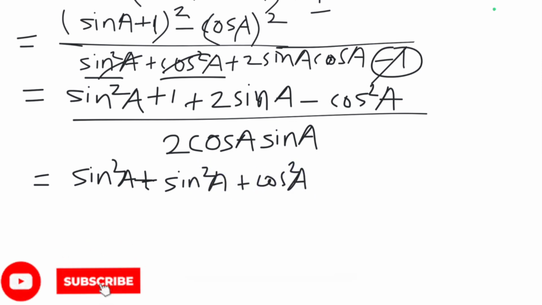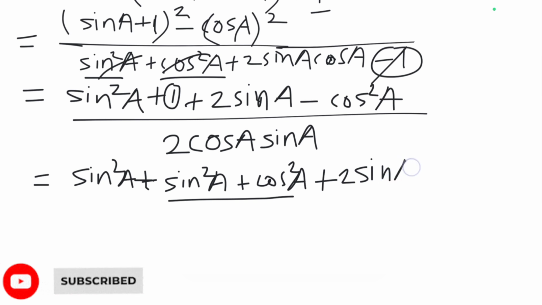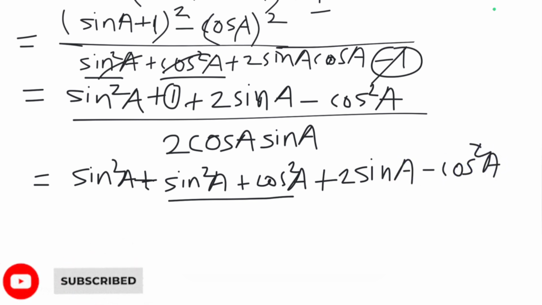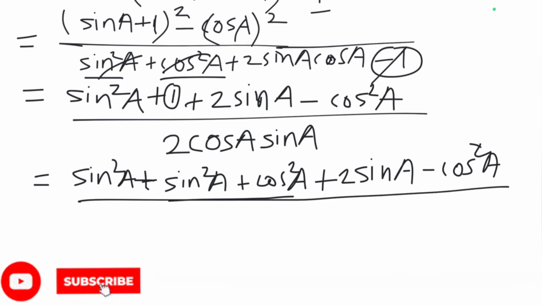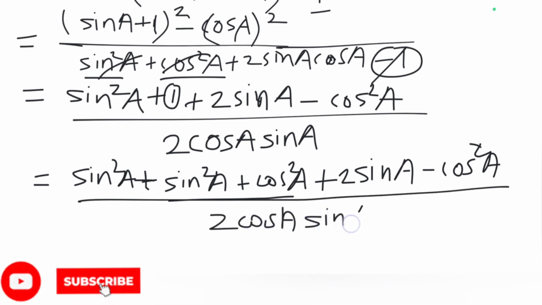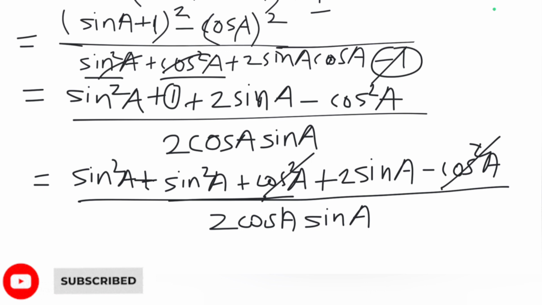So instead of this one, I have written these two terms, then plus 2 sin A minus cos square A, divided by 2 cos A sin A. So now you can see here plus cos square A minus cos square A cancelled.